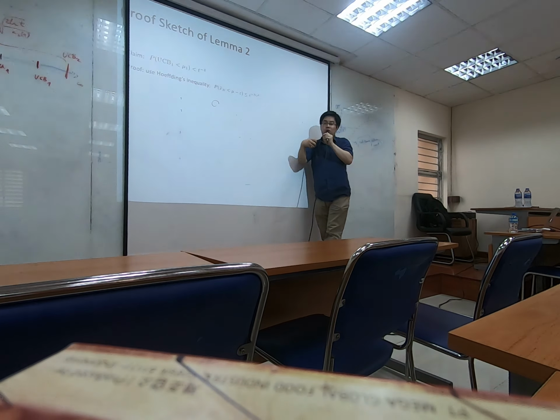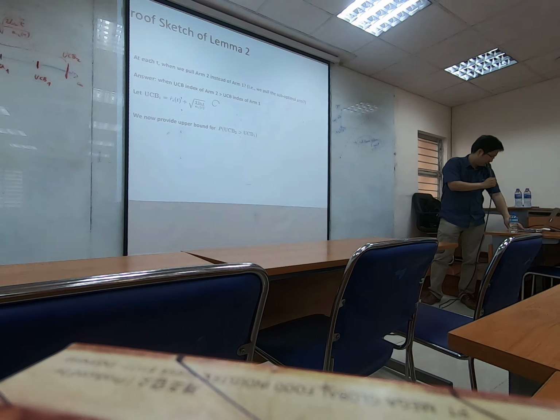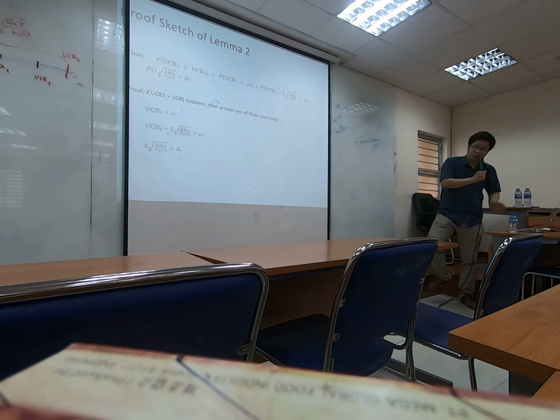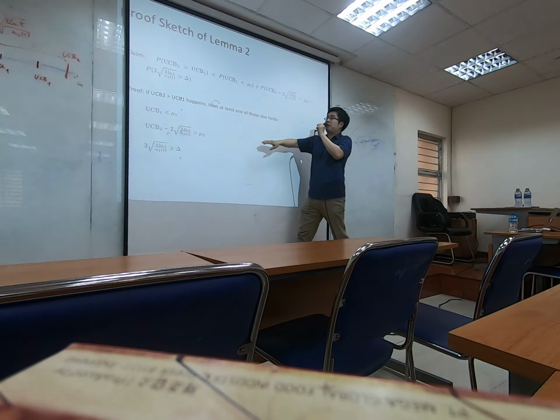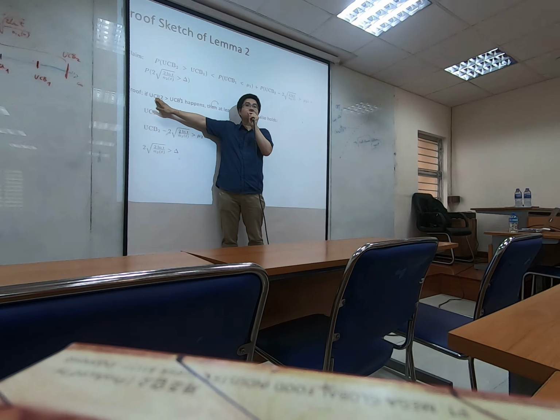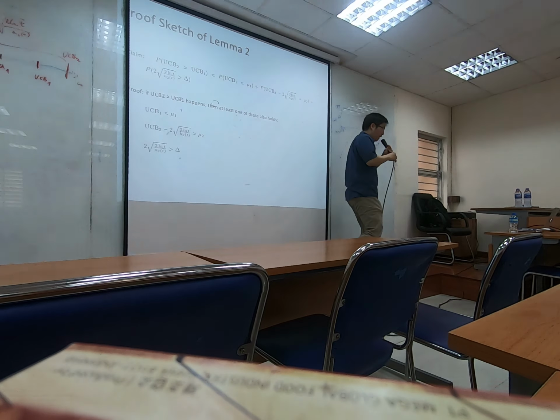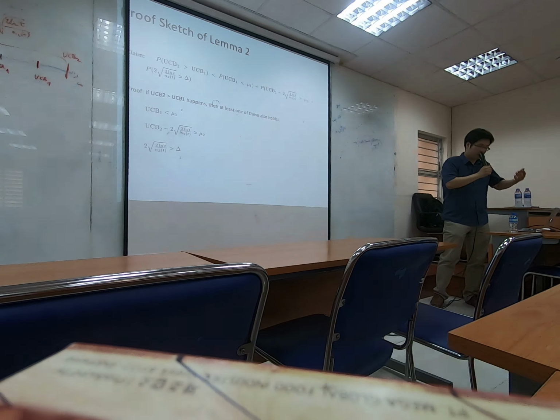So putting all the things together, now we can say that the probability that the wrong arm has a higher index is going to be very small. Okay? If we make enough mistakes, after that it's going to be very small.